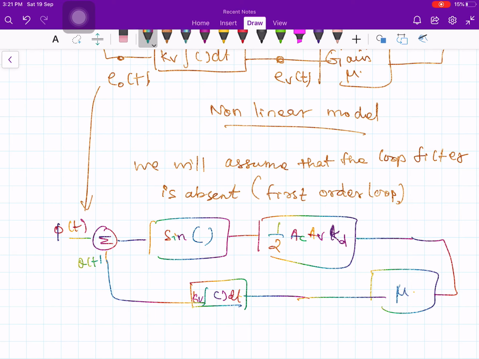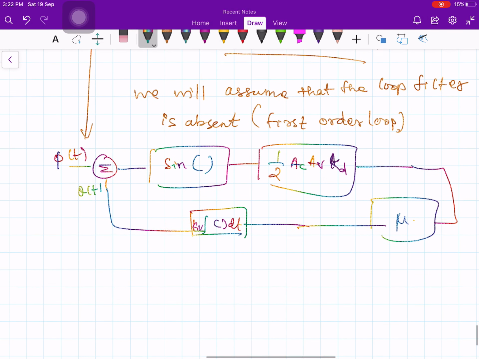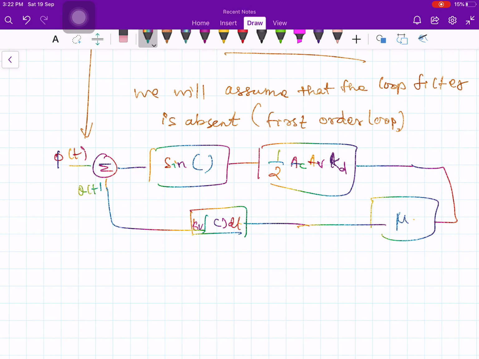Okay, so in this case we will find that the phase locked loop works even when there is no loop filter, and then we will try to understand in what manner a loop filter might help. At the moment we will assume that the loop filter is not present at all, so we remove that. So this condition is only for simplification of our analysis, only for the sake of analysis. Now this point is my EV of t.